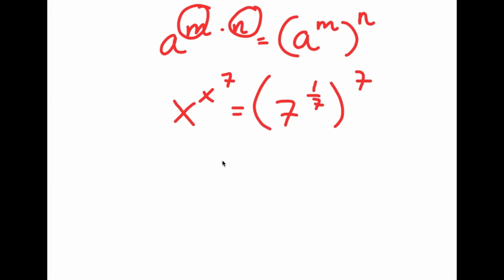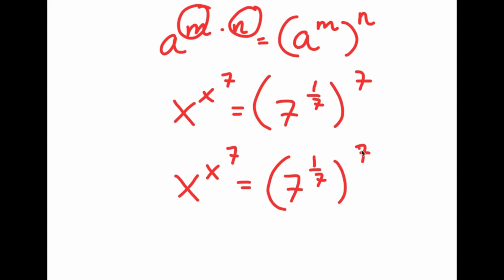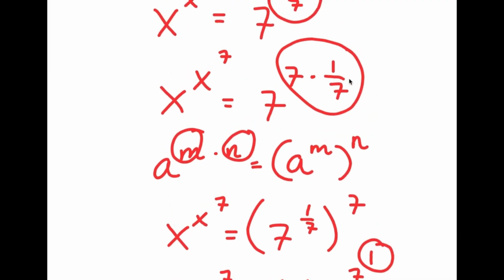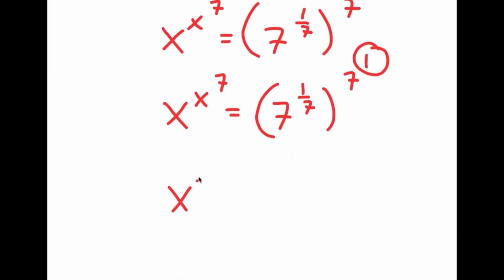And now from here, I'm going to rewrite 7 as 7 to the power of 1. Now, again, this 1 over here, I'm going to do the same thing which I did before and rewrite this as 7 times 1 over 7.